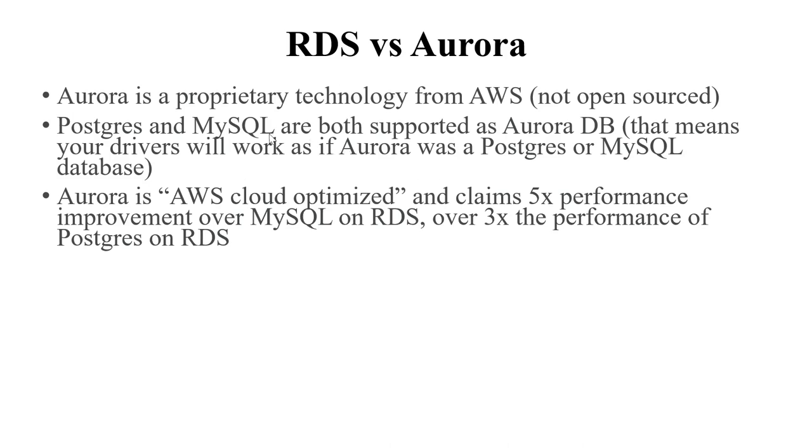But what are the advantages of going for Aurora MySQL over normal MySQL? Aurora is AWS cloud optimized, and it claims 5 times better performance improvement over normal MySQL.